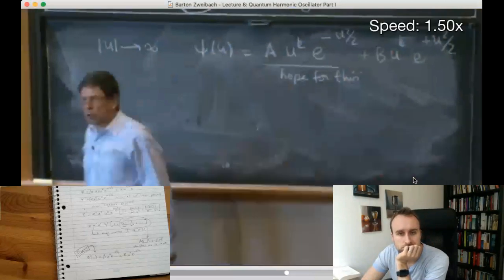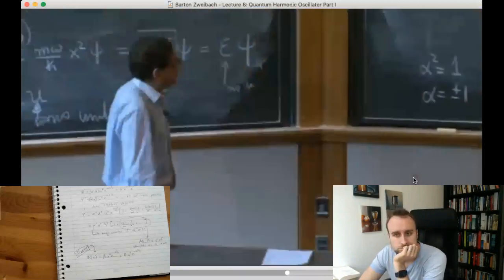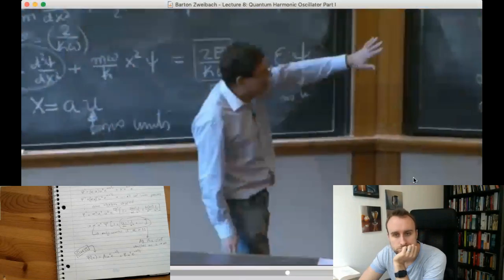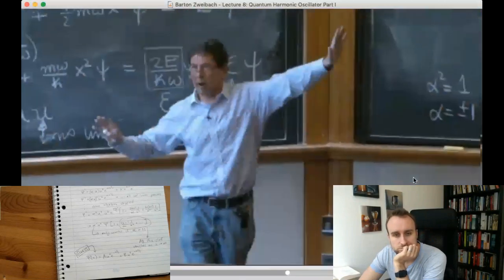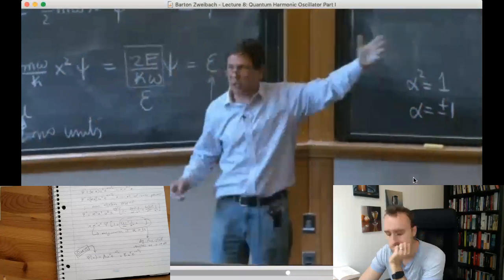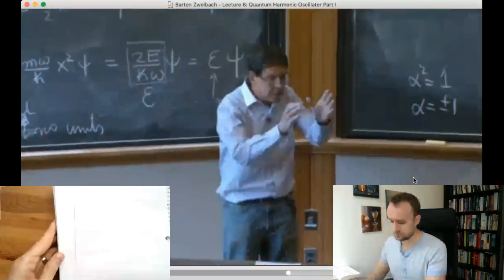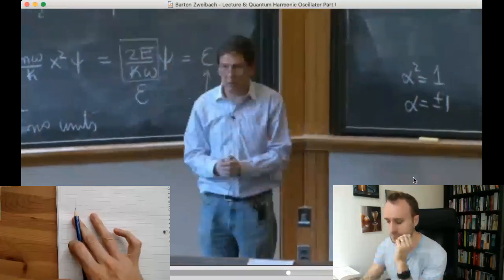But we want to translate what we've learned into some technical advantage in solving the differential equation, because after all, we wanted insight into how it looks far away, but we want to solve the differential equation. So how can we use this insight we now have to simplify the solution of the differential equation?